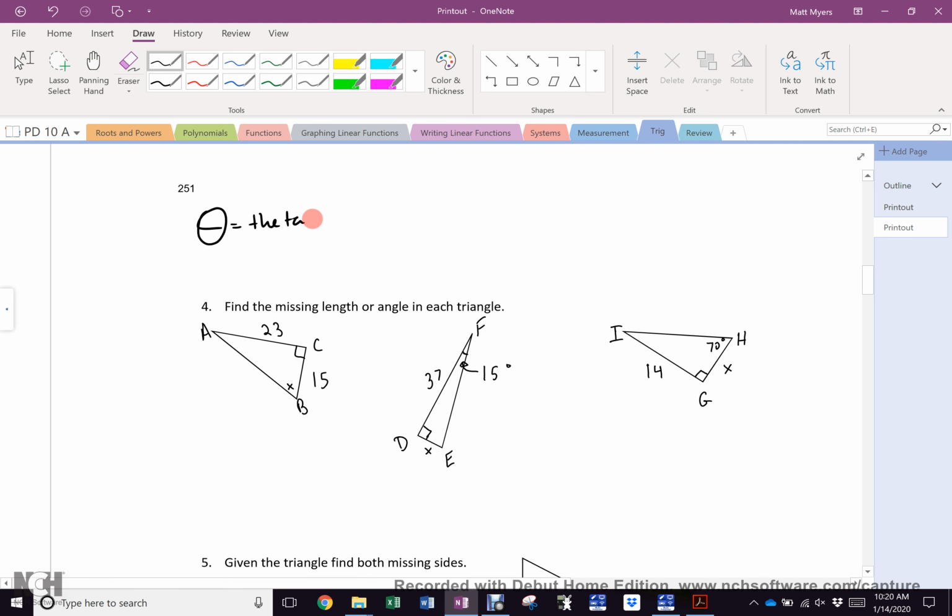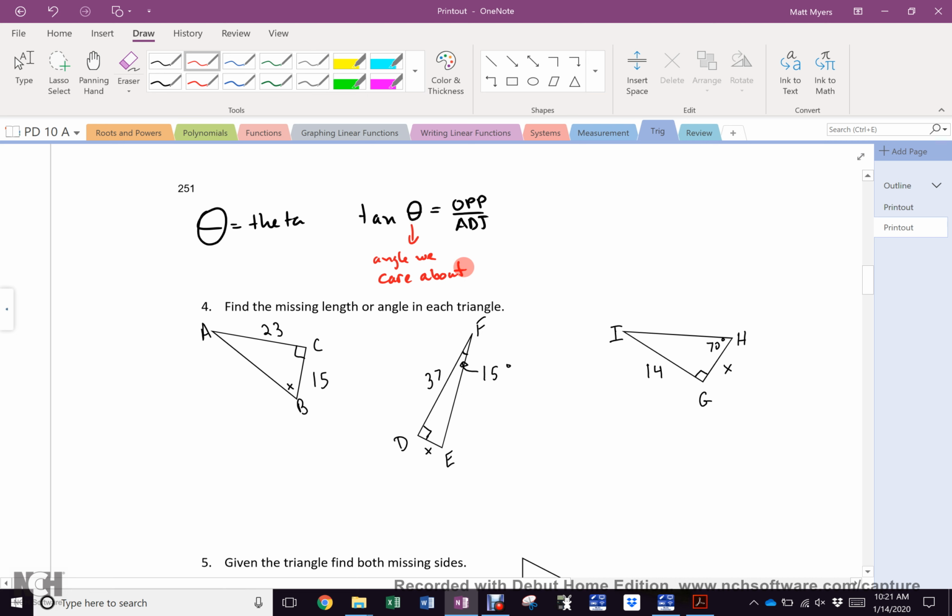So we know that the tan of theta, which is any angle we would work with, except which one? The 90. Tan of theta is always opposite over adjacent. And theta is the angle we care about. Okay?